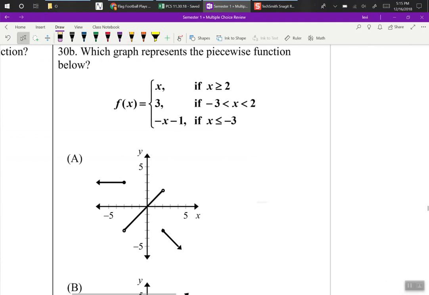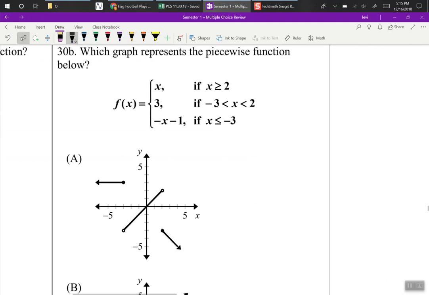30B, same idea. Our first one, we want to say f of x equals x for x values that are greater than or equal to 2. So that would be the diagonal line, right? And y-intercept is 0, so we're going up 1 over 1.